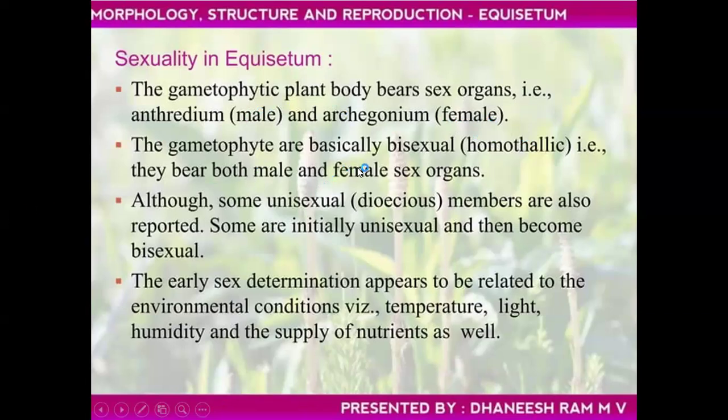Here the gametophyte is basically bisexual, a monoecious condition, so it is homothallic. That means it bears both male and female sexual organs. Although there are certain dioecious members also reported, the majority of Equisetum species have bisexual, homothallic gametophytes.